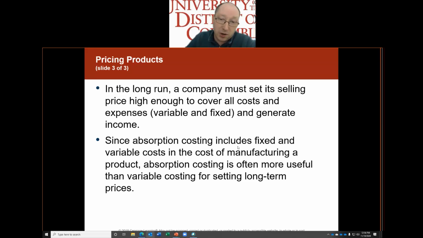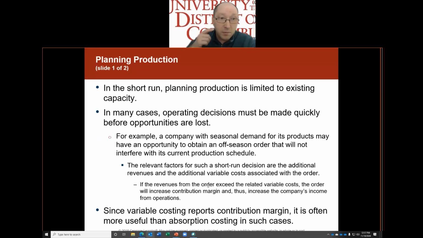So since absorption costing includes fixed and variable costs in the cost of manufacturing a product, absorption costing is oftentimes more useful than variable costing in a long term perspective. We look at absorption costs and variable costs to plan for production.